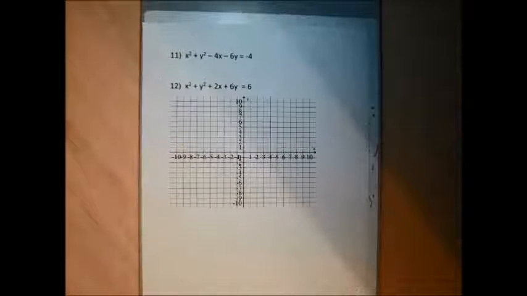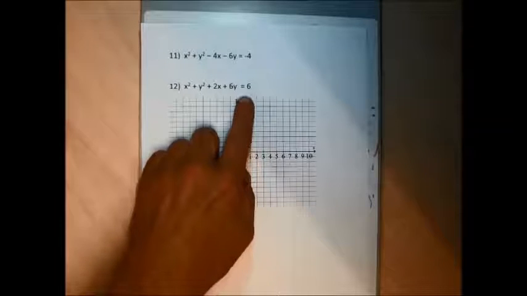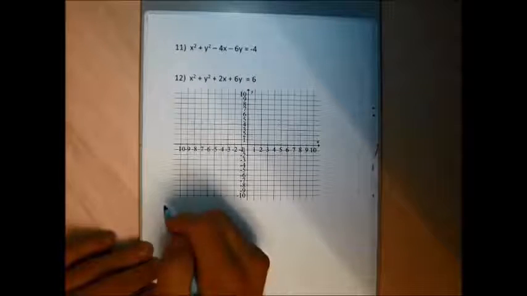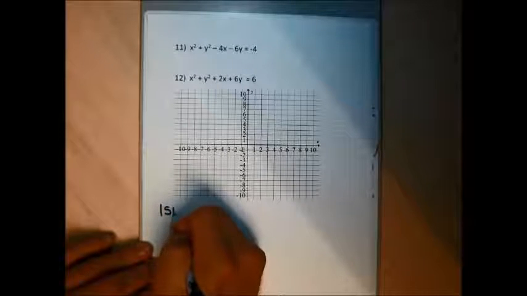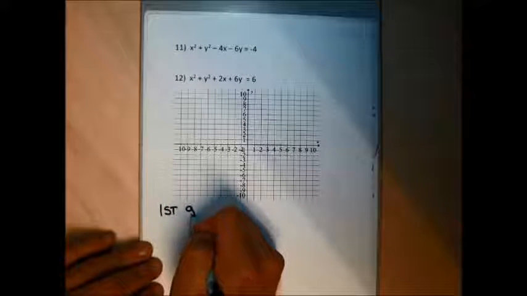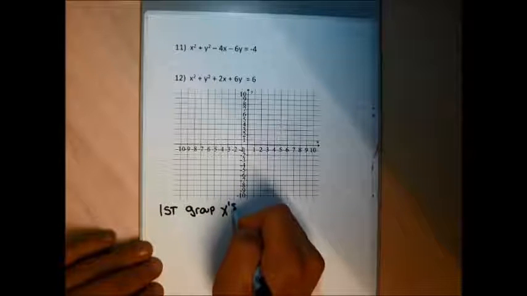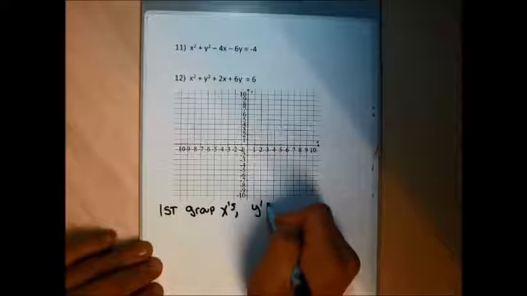So problems 11 and 12 are set up a little bit nicer in that the number that doesn't have the letter is already on the right hand side. So on my first step, to get this written in standard form, I'm going to group the x's and leave myself a little room, and group the y.